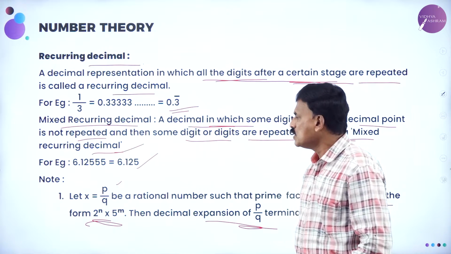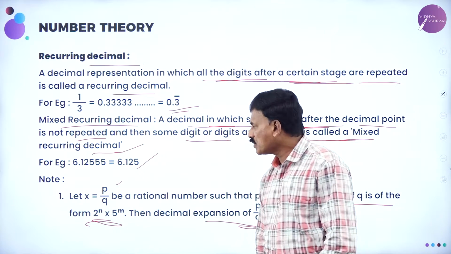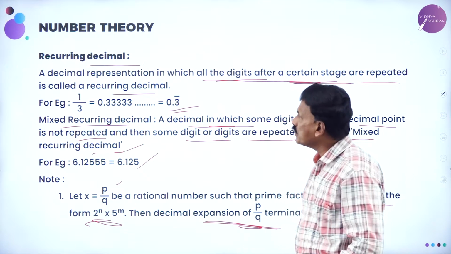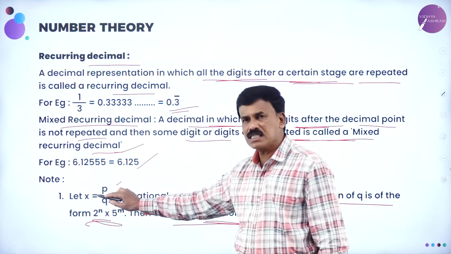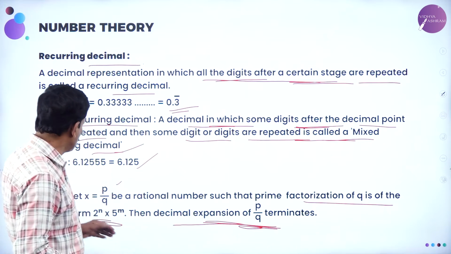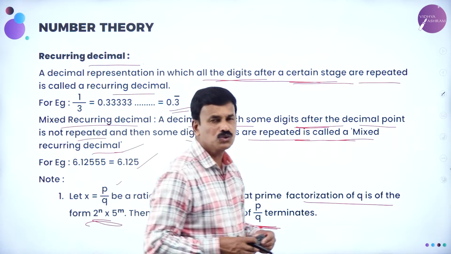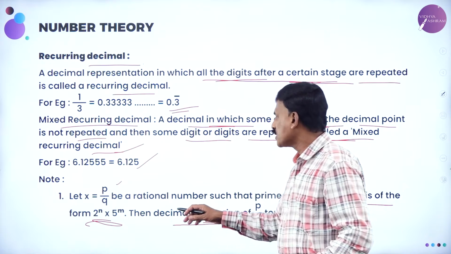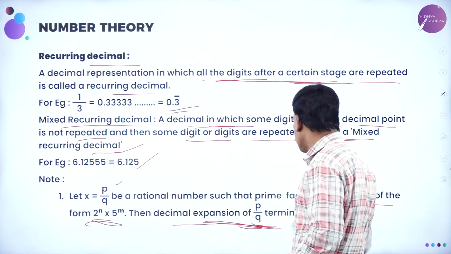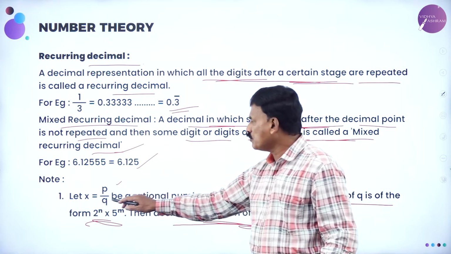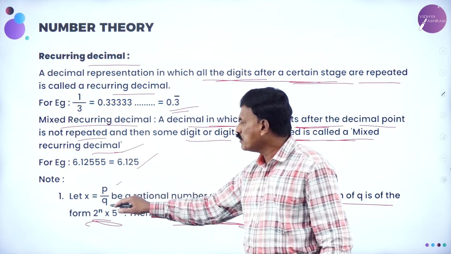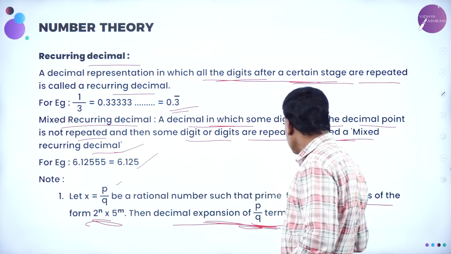This is a very important formula. 2 to the power of n into 5 to the power of m is used to find whether the decimal terminates. If the denominator is of the form 2 to the power of n into 5 to the power of m, then p by q is a terminating decimal.